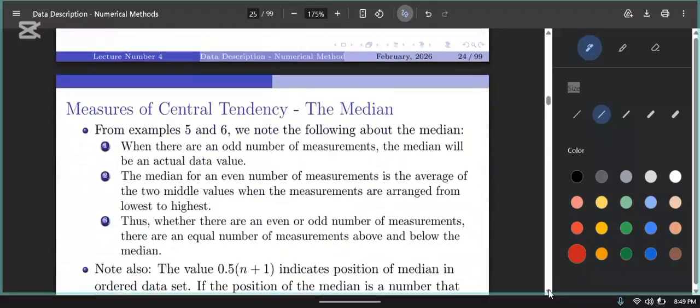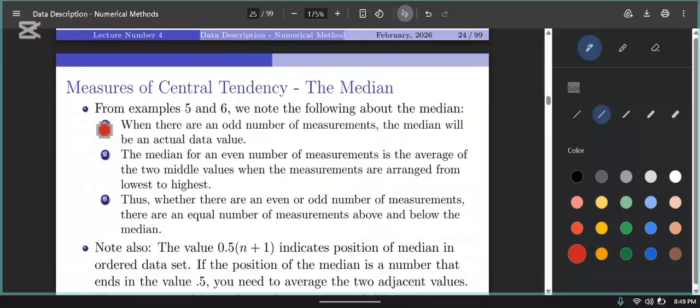Okay, so for these things that are here, you can read through. I don't want to confuse you, but just to mention, since we've said if the middle number is just 1, you pick that number.